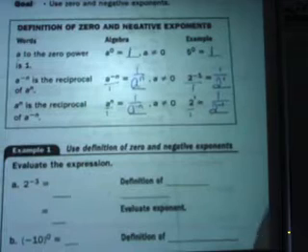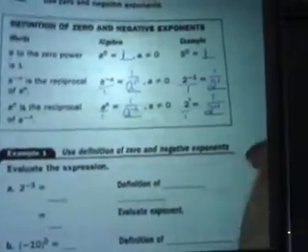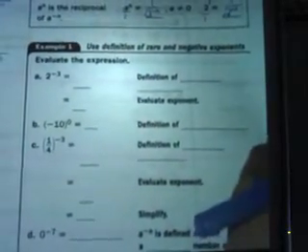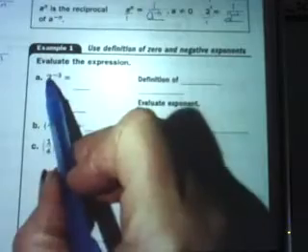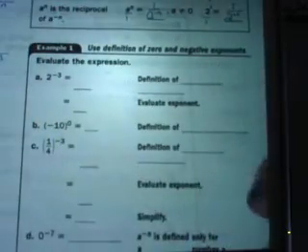Alright. So now that you know the basic definitions of zero exponents and negative exponents, let's practice using those in these different examples. Example 1, it says evaluate the expression. I have 2 to the negative third power. The whole key here is that we don't want negative exponents.